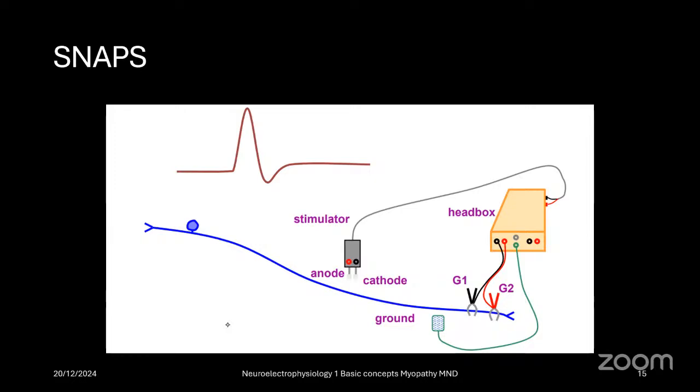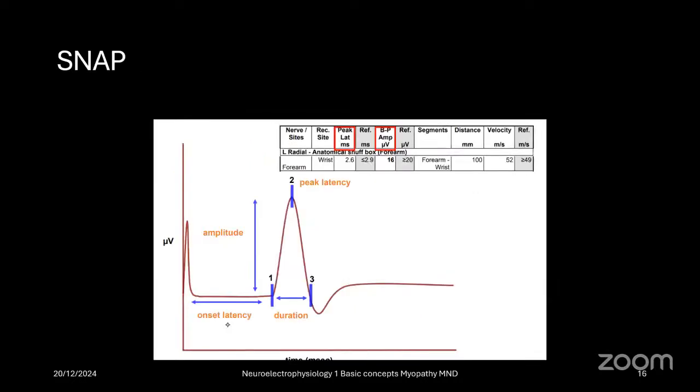Once you reach the maximum waveform and it is not increasing anymore, you increase by about 10 milliamps again, and that's called supramaximal stimulation, and you have to do that for every nerve. For the SNAP, you can see the onset, the amplitude in microvolts, the peak latency, the duration, and the onset latency. This is the report we usually get for sensory nerve action potentials.